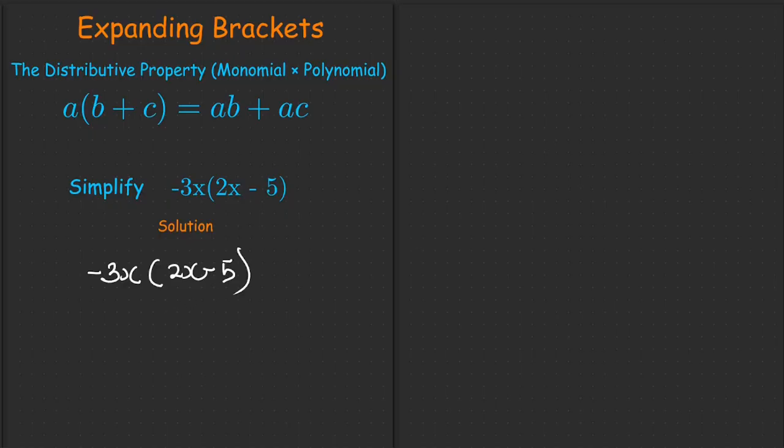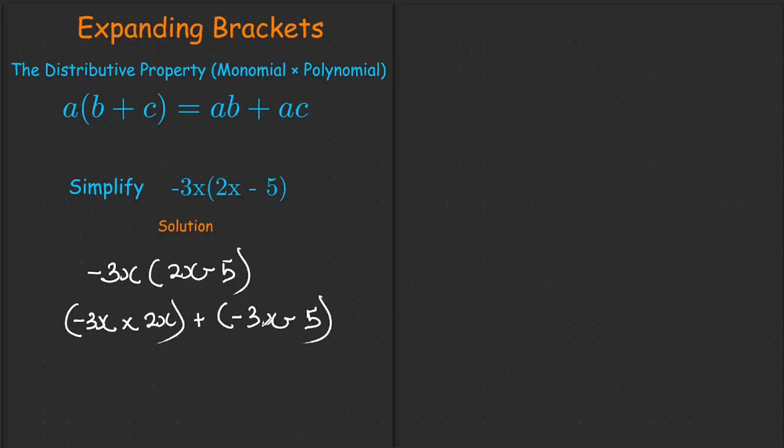So what we are going to do is multiply your negative 3x by the 2x you have over here, then you multiply your negative 3x also by the negative 5. And we know that can be written as negative 3x times 2x, plus negative 3x times negative 5.